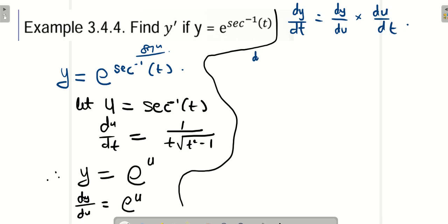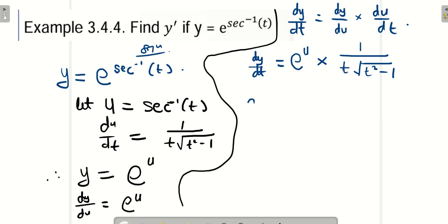So we have dy dt equal to e to the power u times 1 over t, the square root of t squared minus 1.